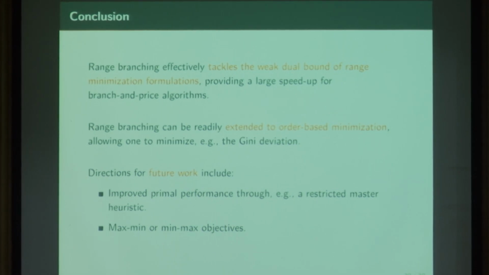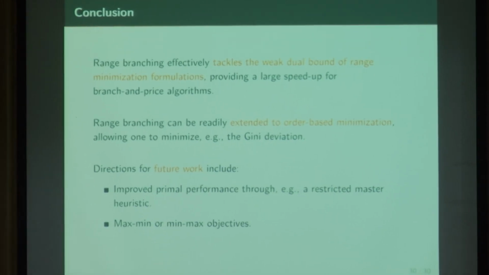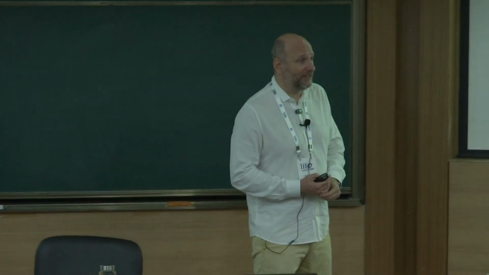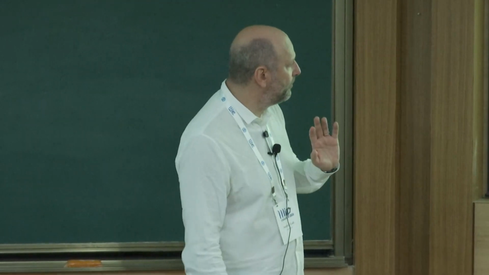I mean, how to deal with formulations of this type with a specialized branching rule. At some point, it was not on the map, so we just wanted to solve this problem. We came up with this, and we decided, well, it seems to be general enough to be communicated by itself.